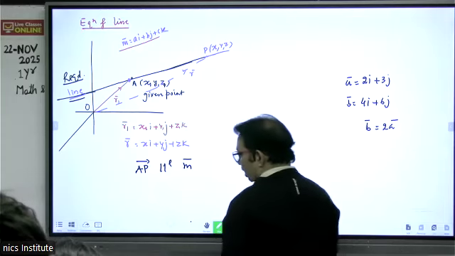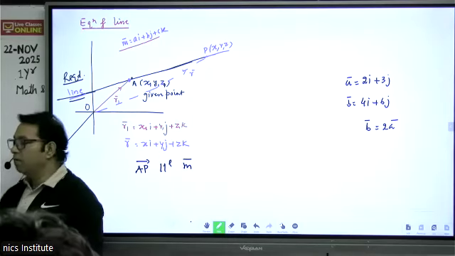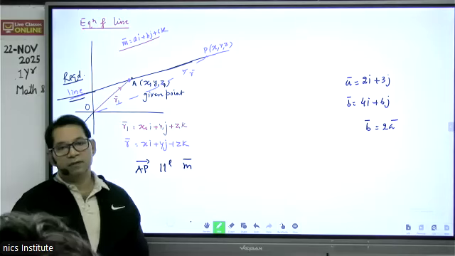What is the relation between parallel vectors and collinear vectors? One vector would be a scalar multiple of the other.